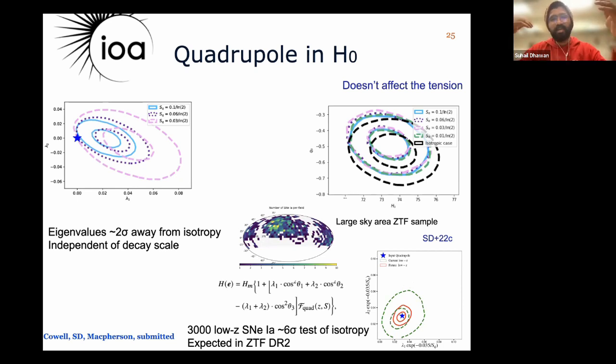So not only getting alpha and beta, but also: is the x1 and c distribution similar to the non-siblings, is the intrinsic scatter the same, and are the pairwise distances more precise. That's some ongoing work, and we have a pretty large sample to do that.